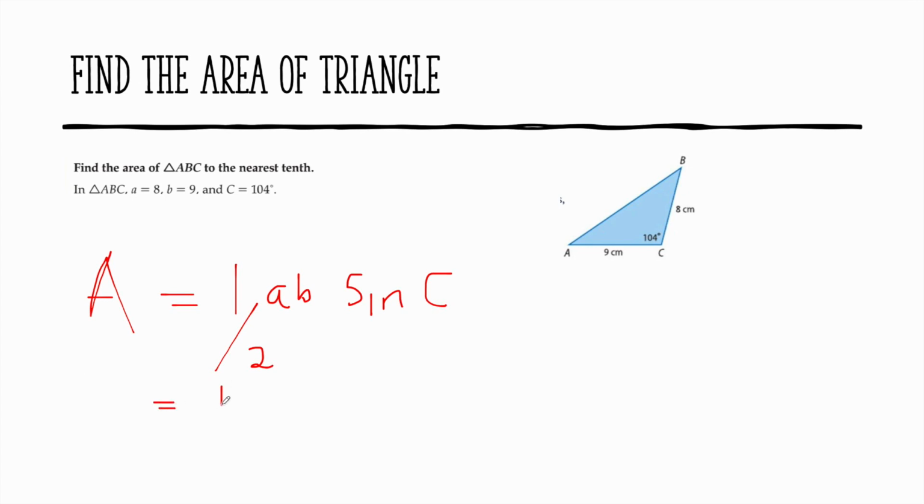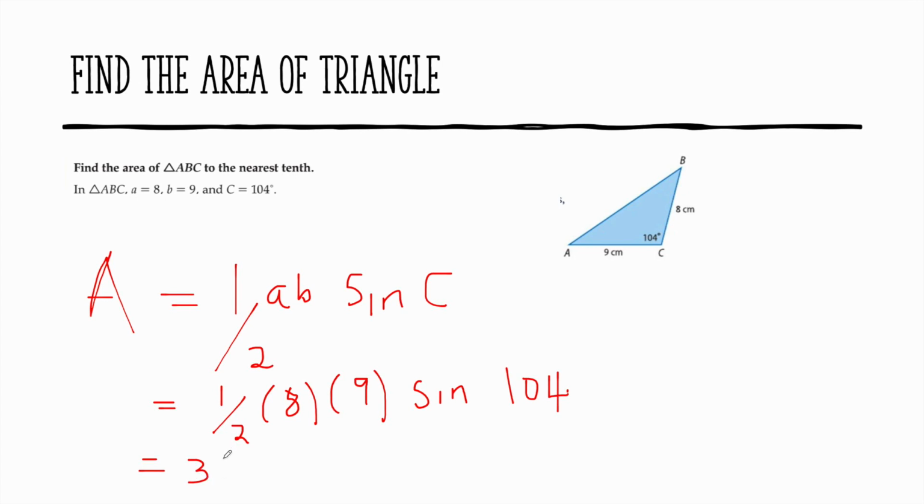This will be equal to 1 over 2, our A, as we said, will be 8, our B is 9, and then sine 104. Let's go ahead and see. If you put this in a calculator, 1 over 2 multiplied by 8 multiplied by 9, and then sine 104, this should give you 34.9.